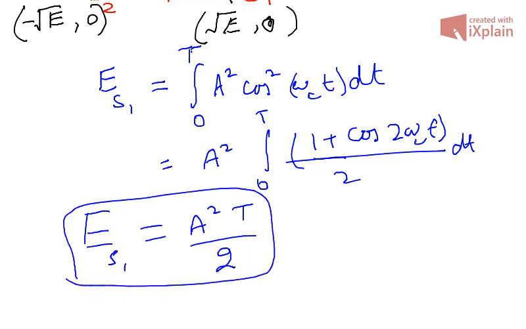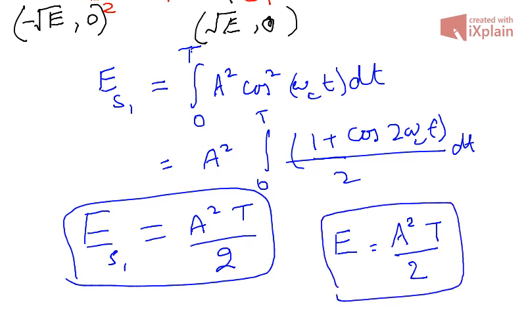Similarly, you can prove that the energy of S2 is also A squared T over 2. So the energy is A squared T over 2 for a BPSK symbol, whether it is S1 or S2.